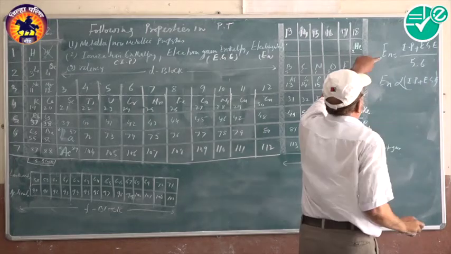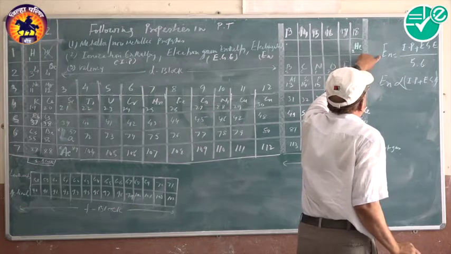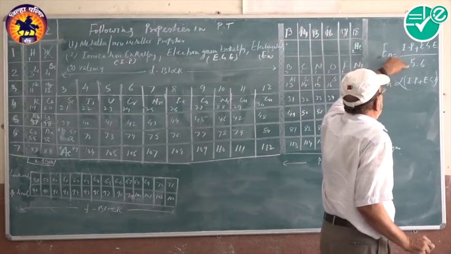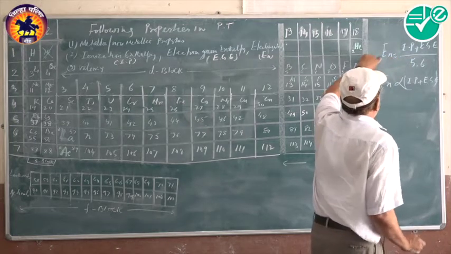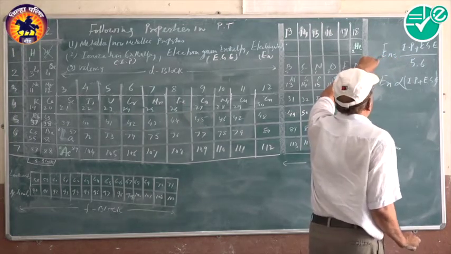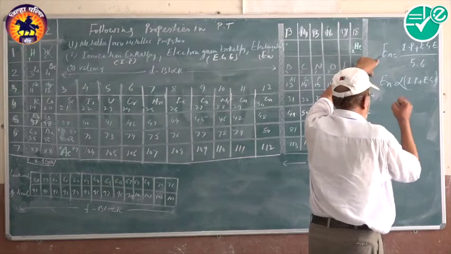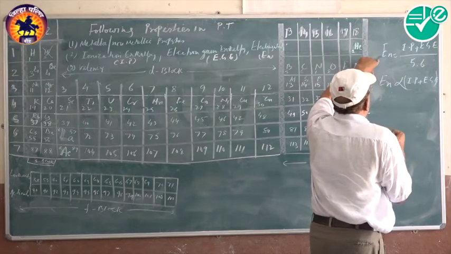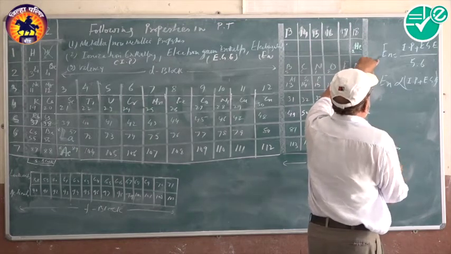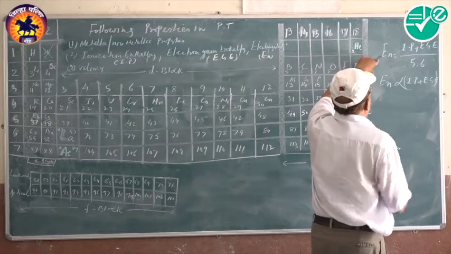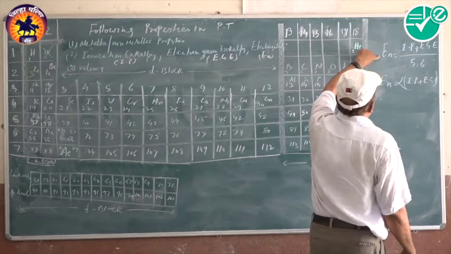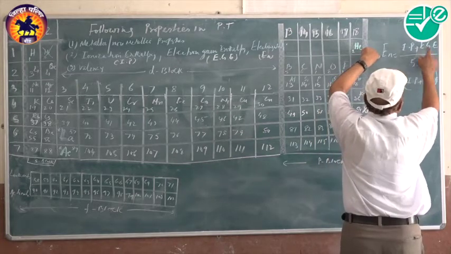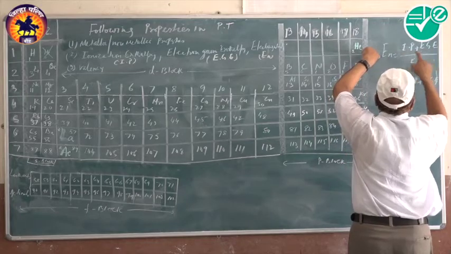By definition, electronegativity is the tendency to attract the bond pair of electrons towards itself in a compound. Therefore, as these two increase, it will increase. If they decrease, it will decrease.